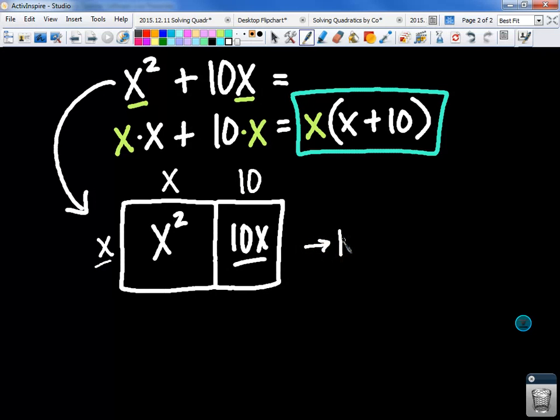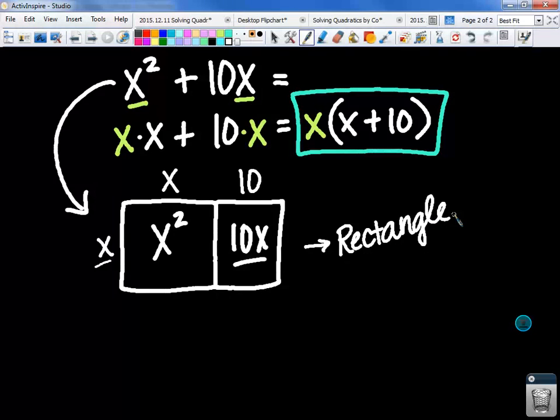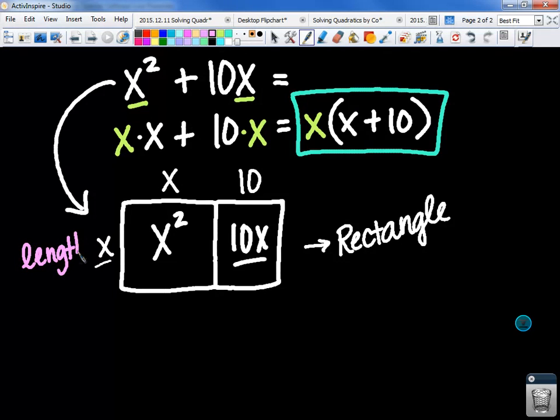This is a rectangle. And although squares are rectangles, rectangles are not always squares, and this one is not. Its length is not the same as its width. Its length is x, and its width is x plus 10.